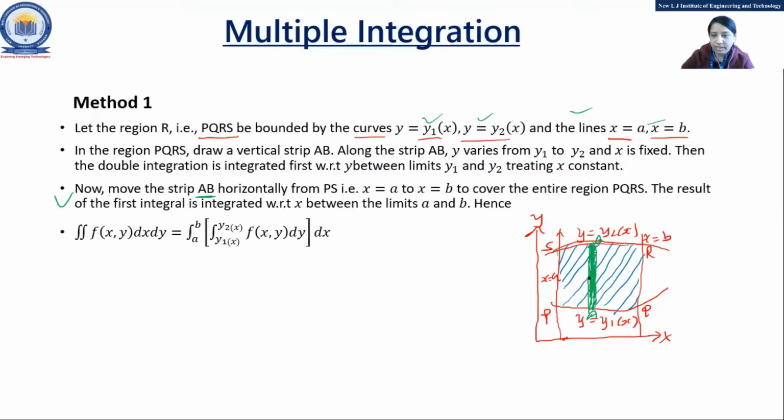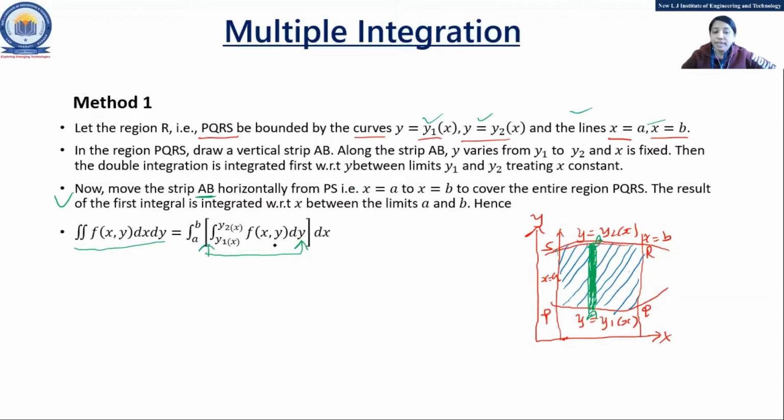Fine. You can see here x is fixed. So the double integration is integrated first with respect to y. So you can see here the double integration of f(x,y) dx dy will be given as what? This is the inner one. Fine. So first it will be integrated with respect to y.